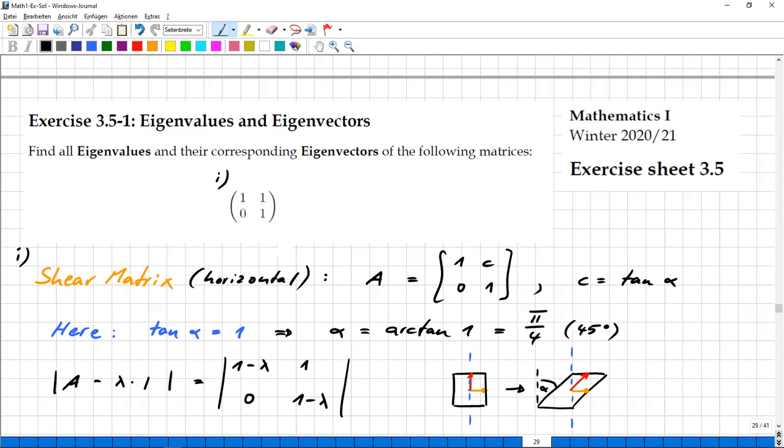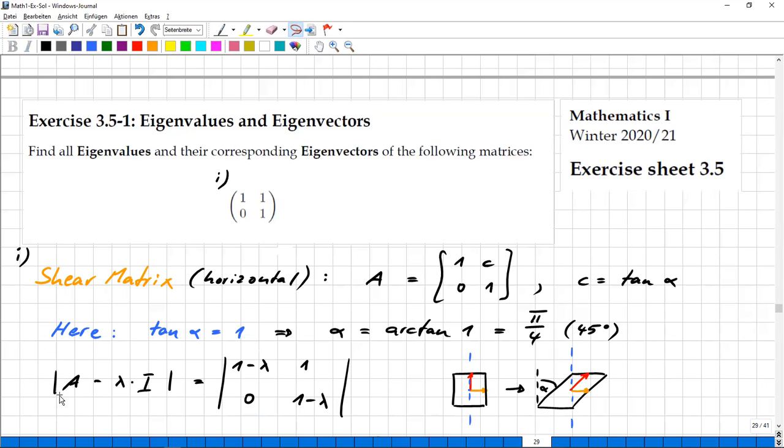E is for the German Einheitsmatrix. So what we do is we take the identity matrix and scale it up by an unknown factor lambda, which will be the eigenvalue in the end. You remember this. This is the trick.